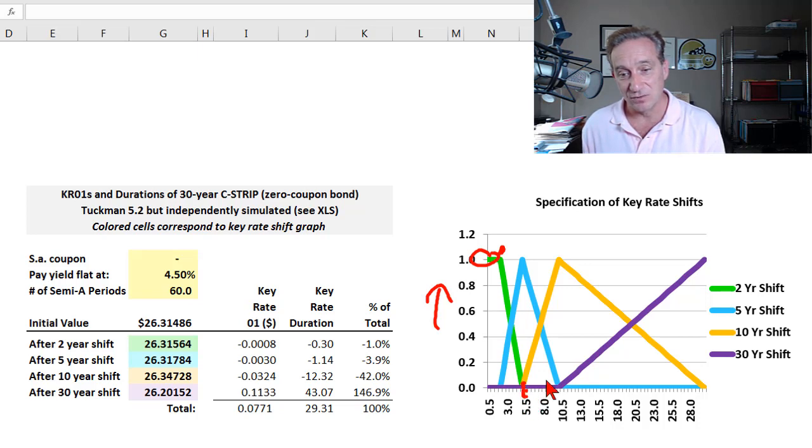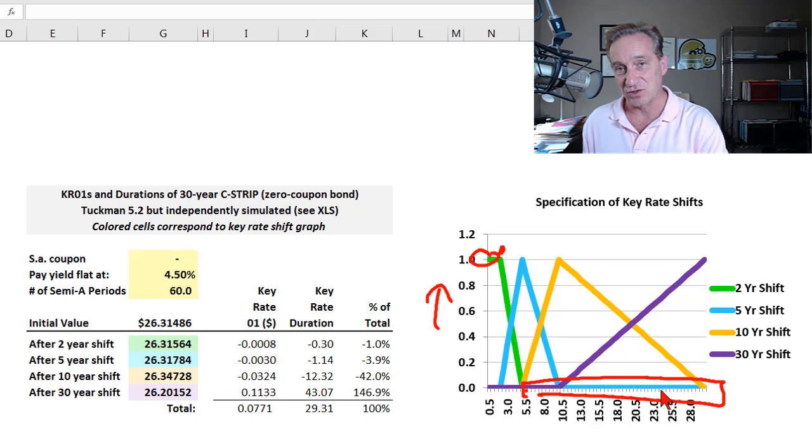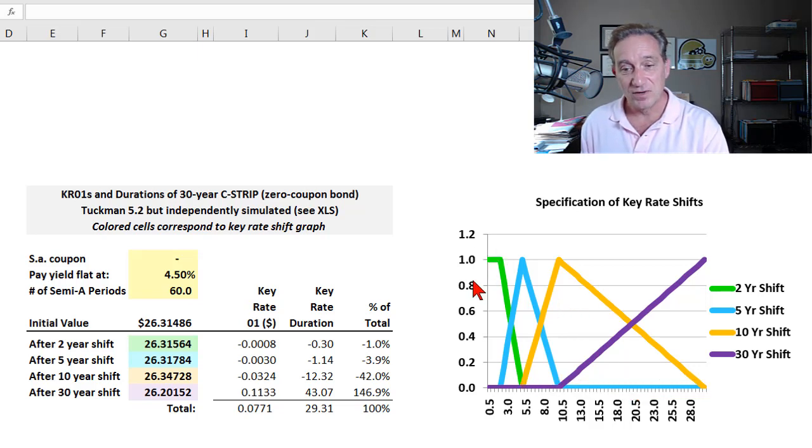So that's the shift. In that repricing, the rest of the term structure gets left out. What would happen to the price if we just shift the 2-year rate and its neighbors? And so in that way, it's a repricing exercise for each of the 4 key rates plus neighboring regions.